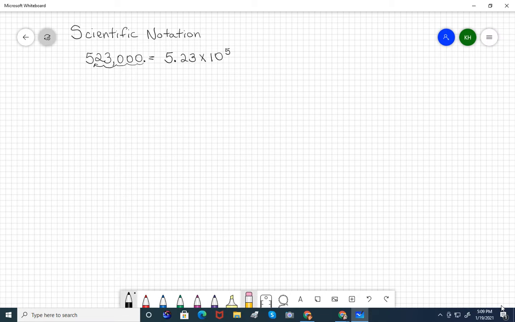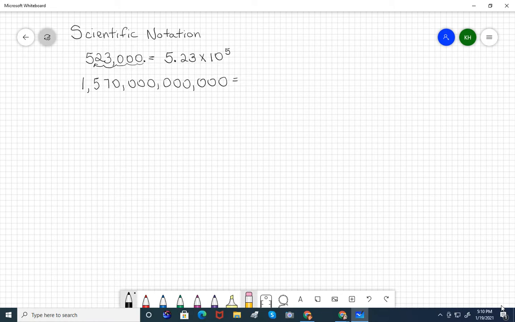So let's try another one. It's a really big number. We can look and figure out, oh, we have one comma, these are the thousands.